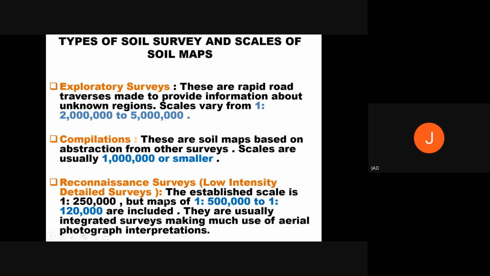In the case of this one here, are you getting it? So 1 centimeter is equivalent to what? 5 kilometers. And for this one, 1 centimeter is equivalent to 1.2 kilometers on the ground. So that's the meaning.